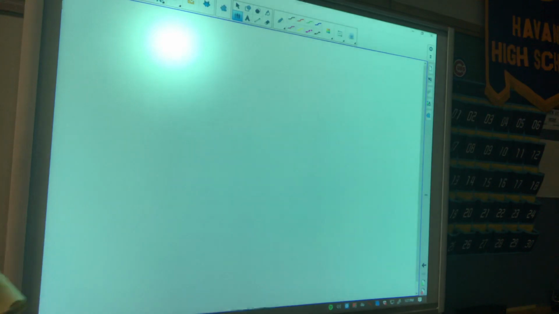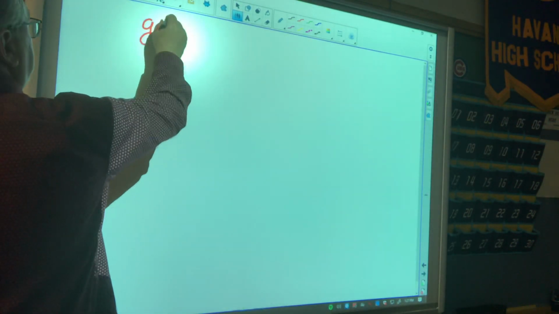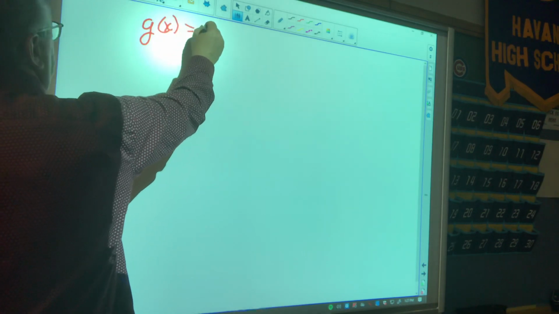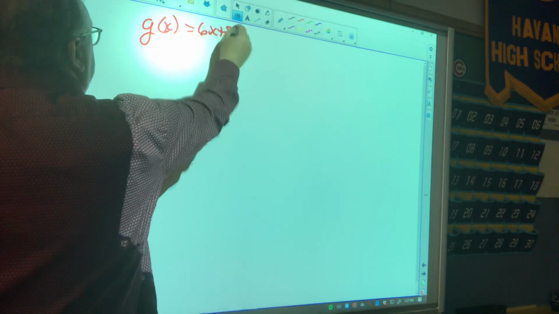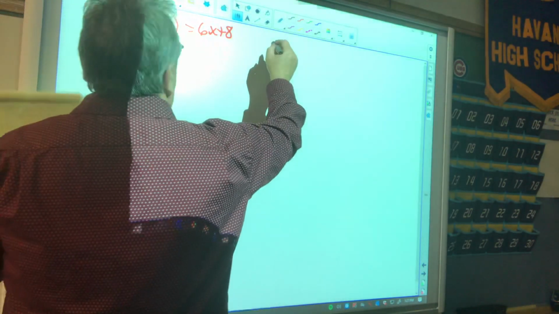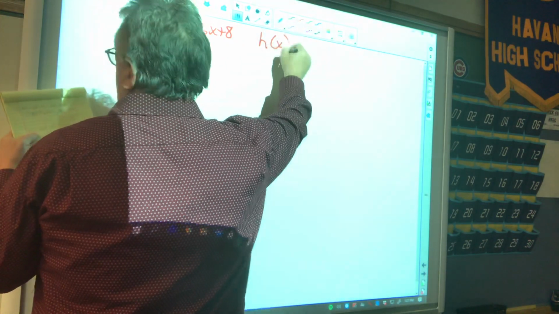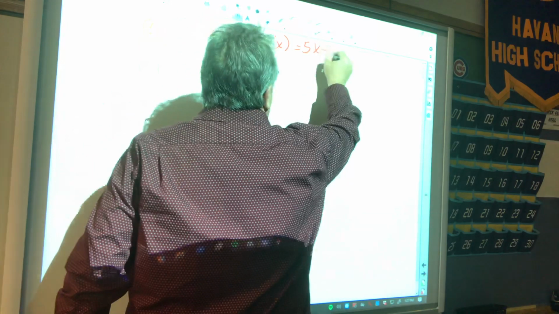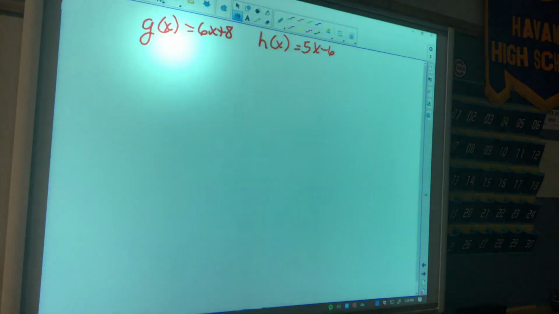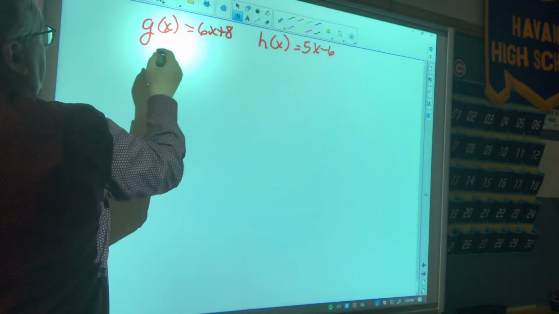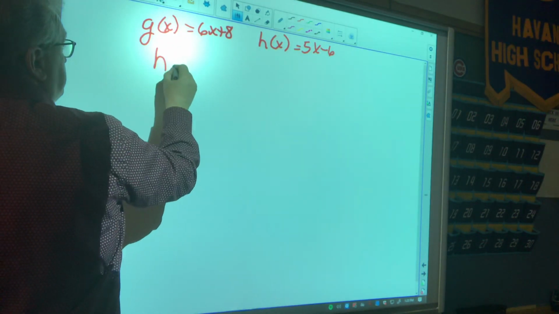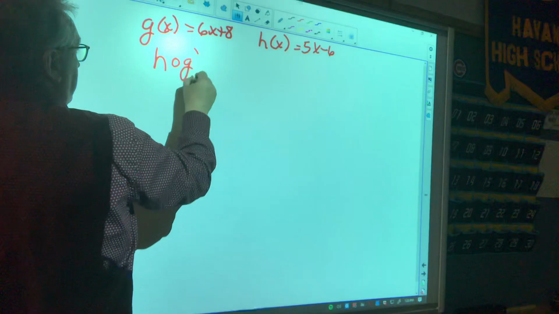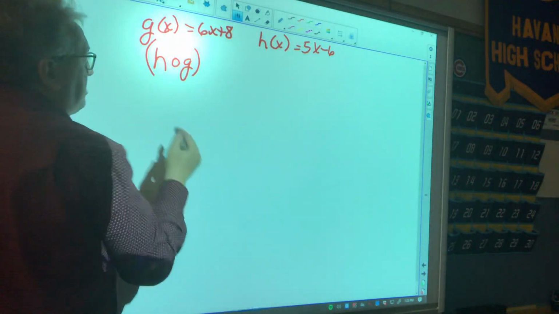Let's look at another example. g of x is 6x plus 8, and h of x is 5x minus 6. And let's say we want to find the h of g of x. It looks like hog, doesn't it?